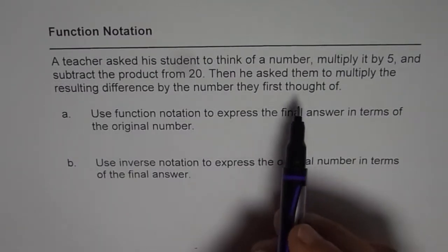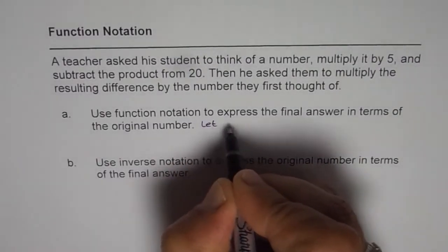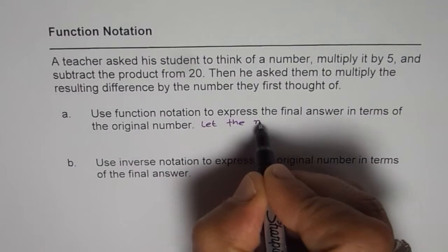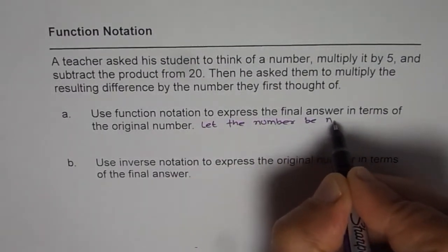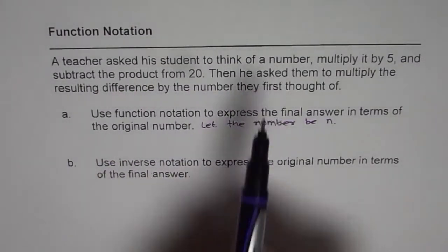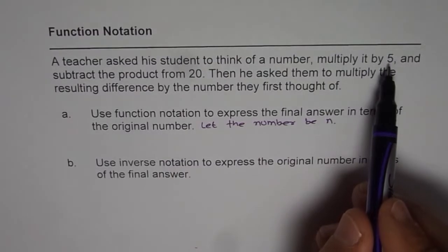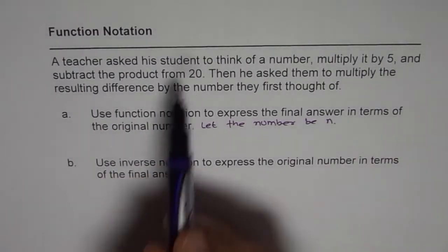Now in this, let's define the number itself. Let the number be n. It says the teacher asked his student to think of a number multiplied by 5 and subtract the product from 20.